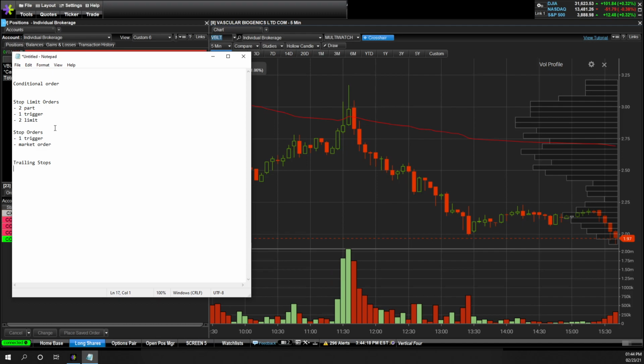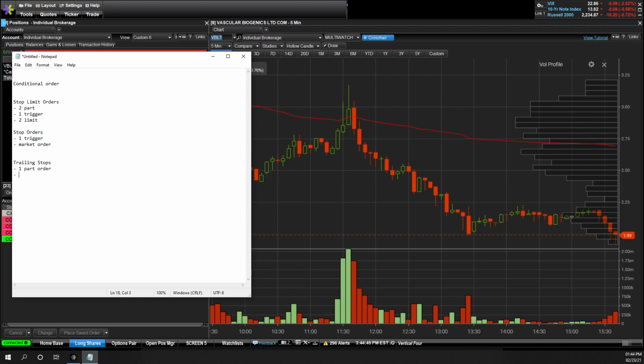So then trailing stops are also a one-part order, but they're a little more complicated. Basically, with a trailing stop, you set a price to stop out at, either by stock price or percentage, right?